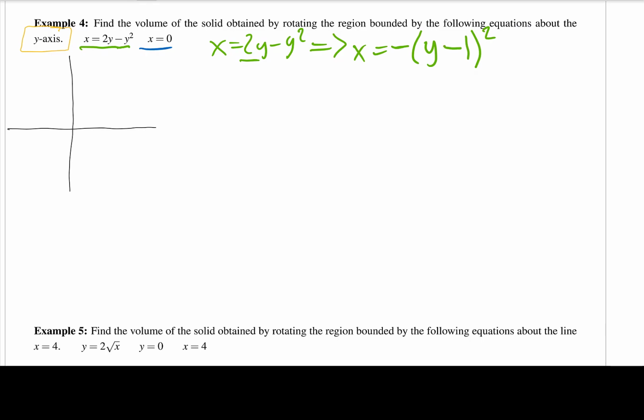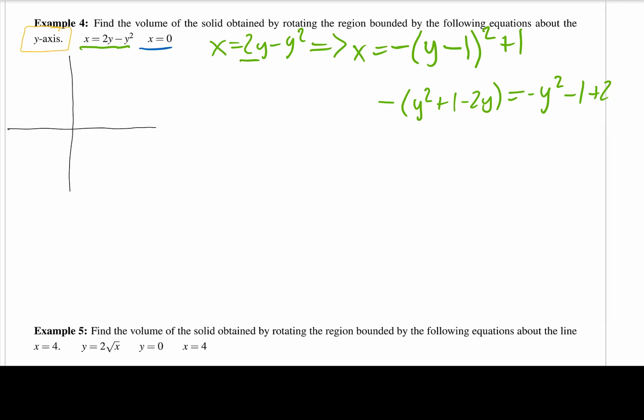Now notice that something here has changed, because now when I FOIL this out, what we would get is negative, let's see, we'd have y squared plus 1 minus 2y, which would be negative y squared minus 1 plus 2y. And so this almost looks like what we had from the beginning, except for now I've introduced this negative 1, which means I need to add 1 to this.